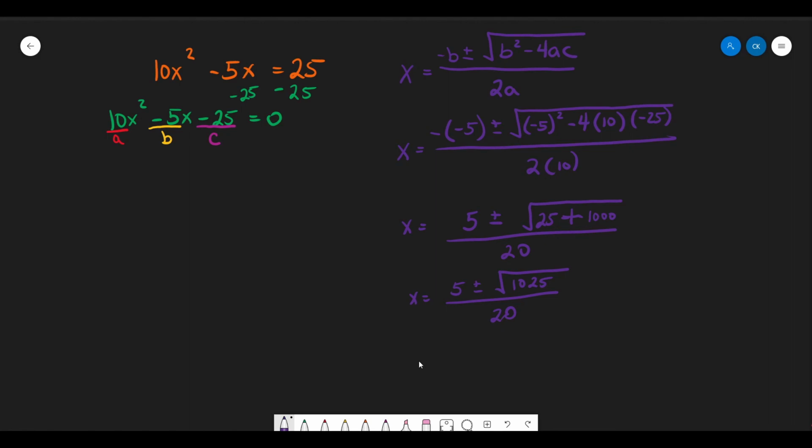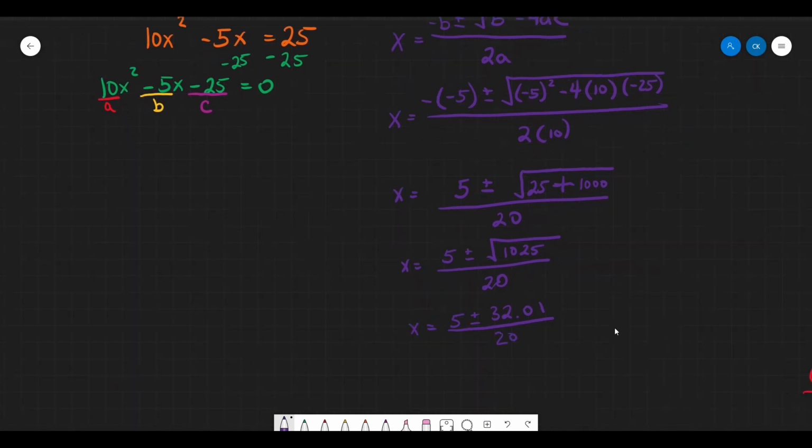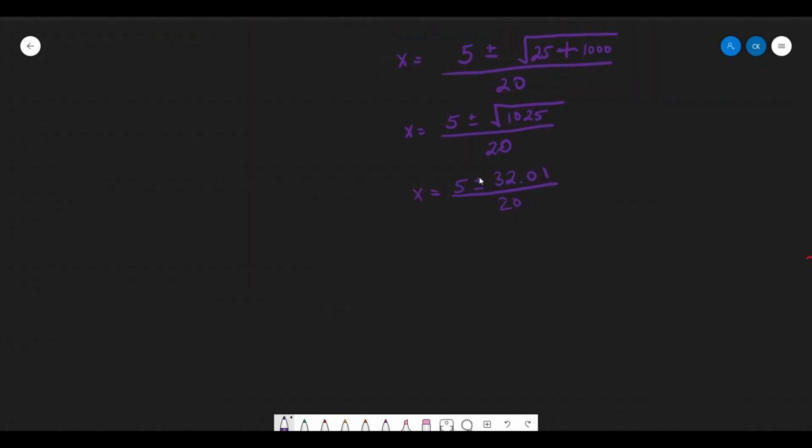So we're going to rewrite the square root of 1,025 as 5 plus or minus 32.01 over 20. Okay. So again, we have this plus or minus here.